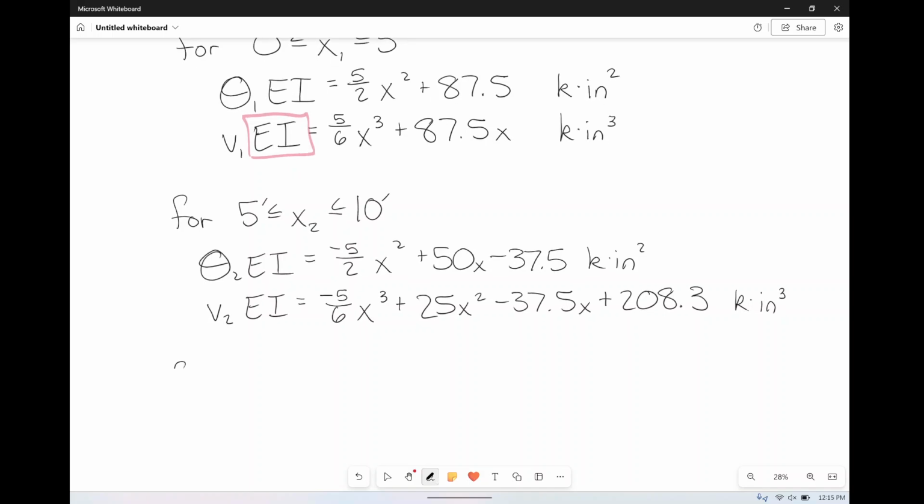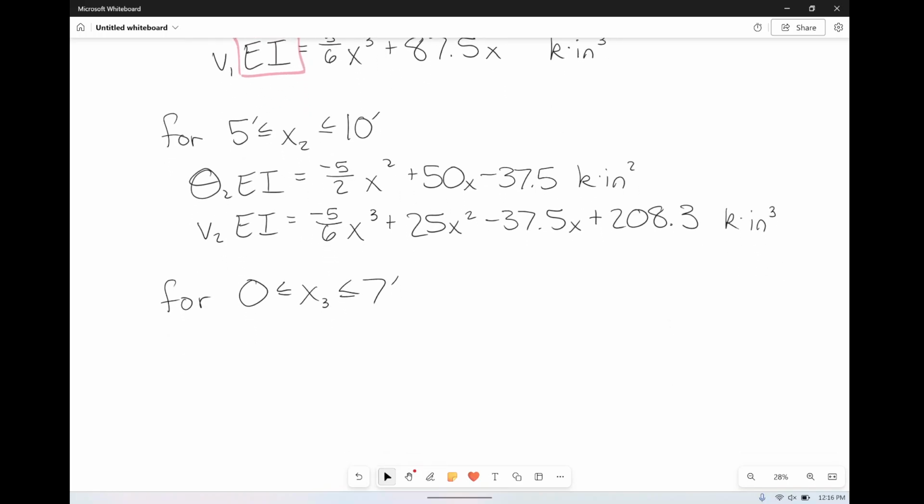Cool. Then lastly, for our new x, this x goes from 0 to x3 to 7 feet. He's going the opposite direction than the other two of them. And his slope 3 times EI is equal to just C5. And C5 we just said was minus 212.5. Again, that's in kip inches squared.